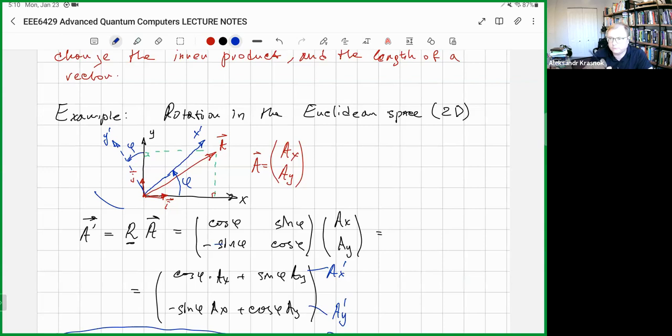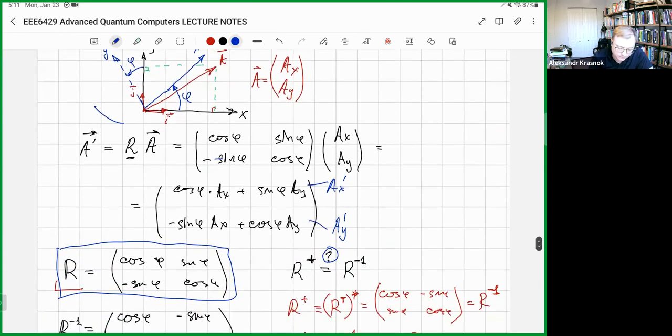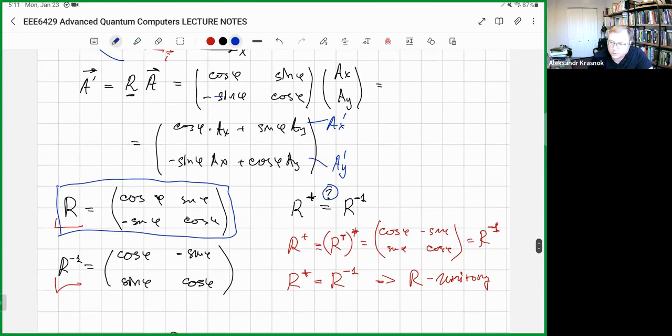Of course, the vector doesn't change after this transformation, and this matrix allows you to calculate the components of your vector in the new basis.